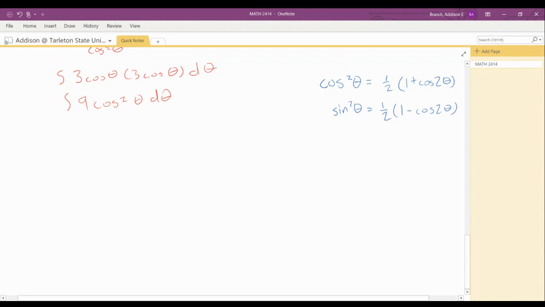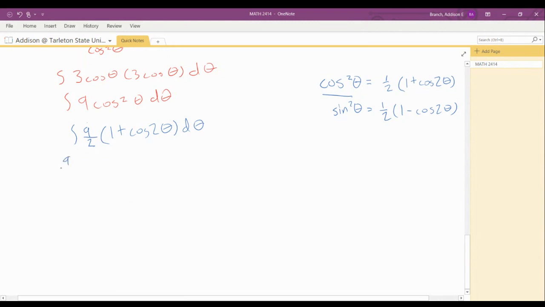So what we can do is plug in this cosine squared of theta formula to get 9 times 1/2 times 1 plus cosine of 2 theta. I would go ahead and pull out that 9/2. Or you can either pull it out or distribute, either way.